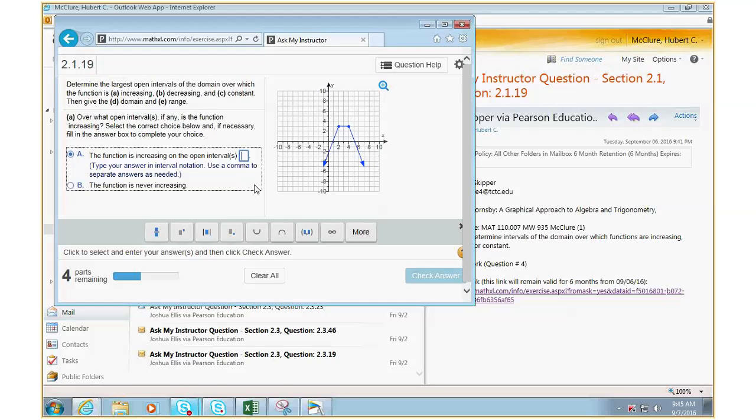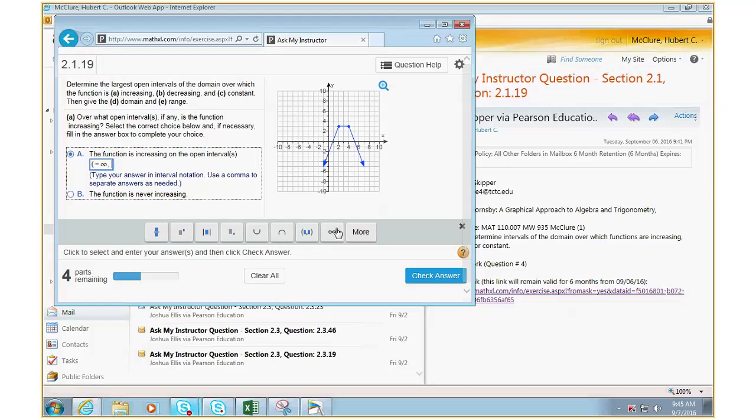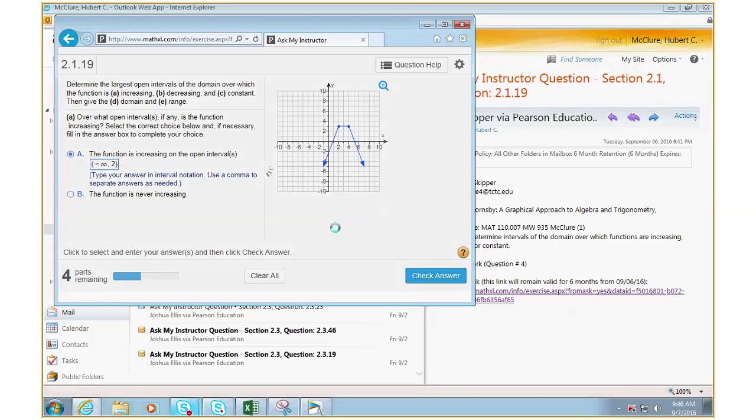Okay? So the function is increasing from negative infinity. I don't know if this is the way they want it, but negative infinity to 2 with a bracket on 2, and some people put parentheses because some instructors say it's a bracket, some people say it's parentheses. I pretty much say it's a bracket, but what does it say?